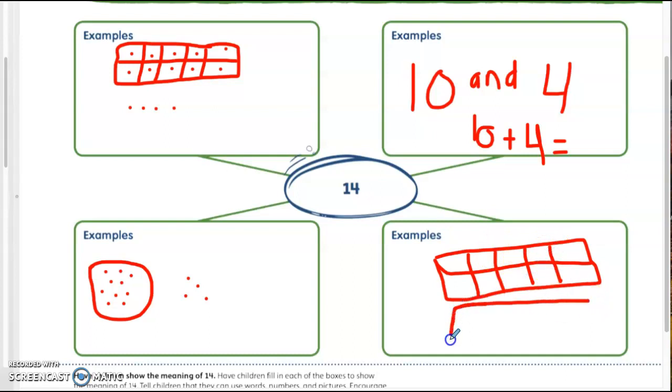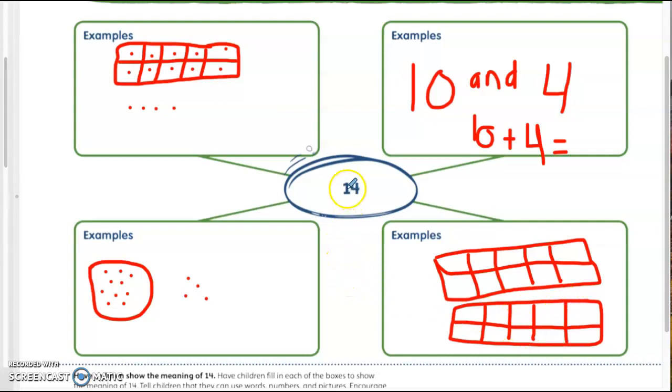And I bet you guys could fill that in all by yourself. How many would you have to put in the top 10 frame? I hope you said you'd have to fill the whole thing up, because you would have to, right?